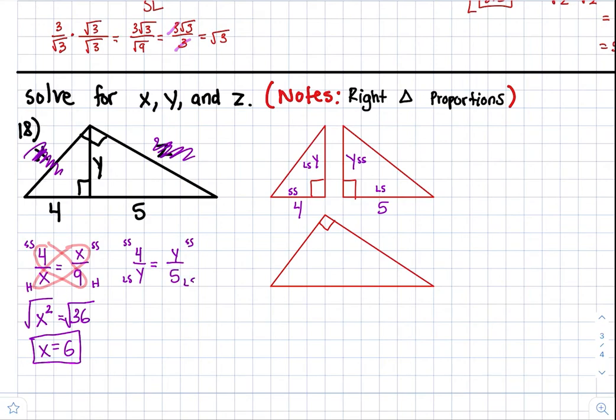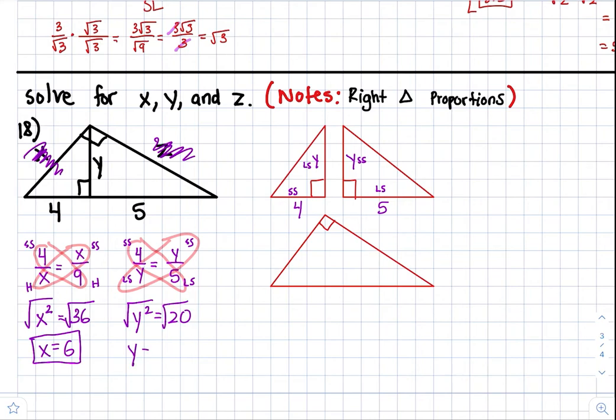Now here's a trick if you know you're making your proportions correctly. Actually, I will say that at the very end. So now we cross multiply so that we can solve for y. y times y is y to the second. 4 times 5 is 20. Square root both sides.